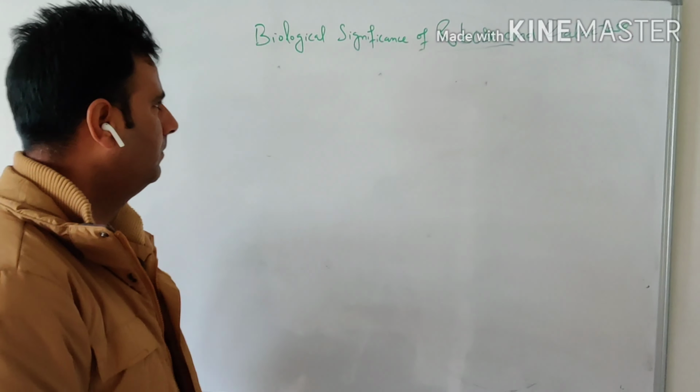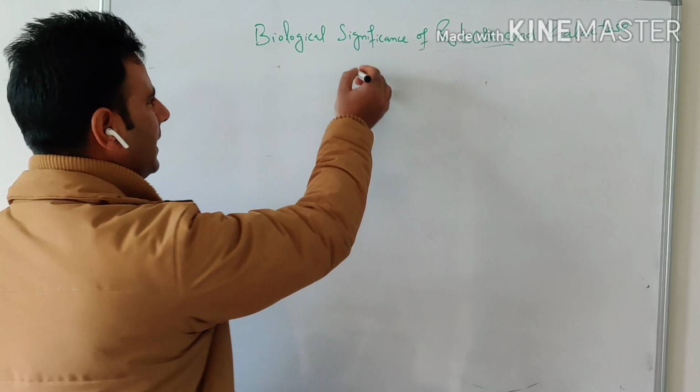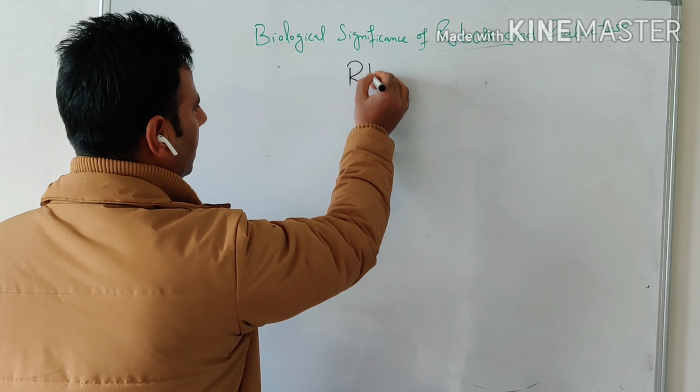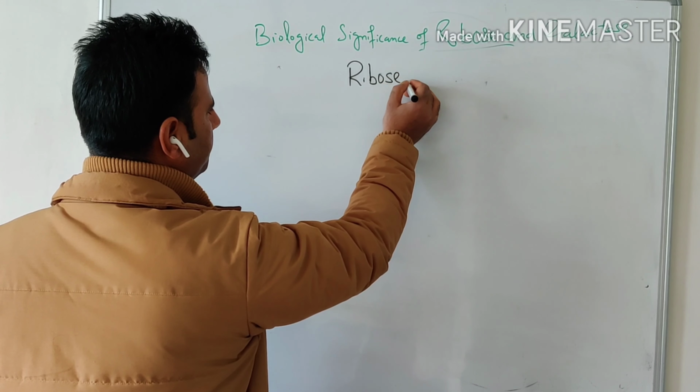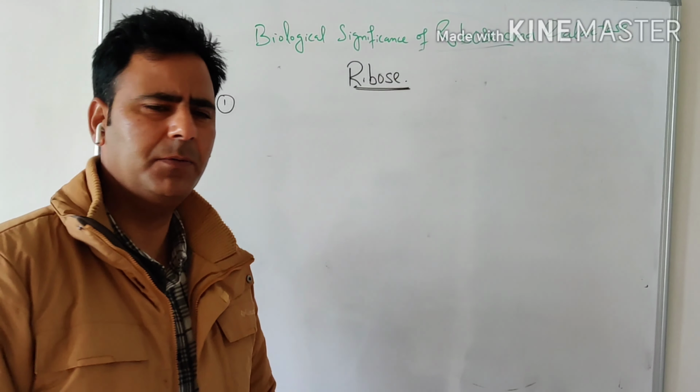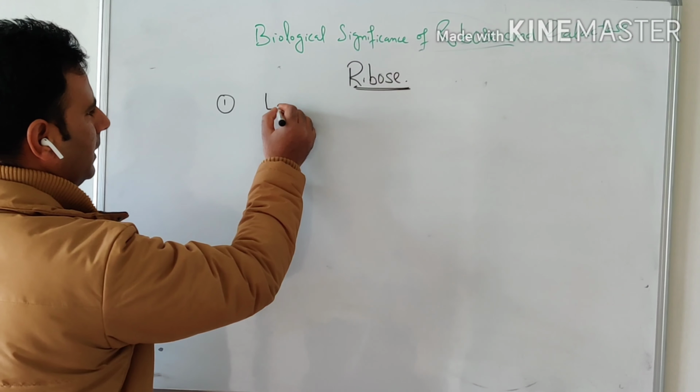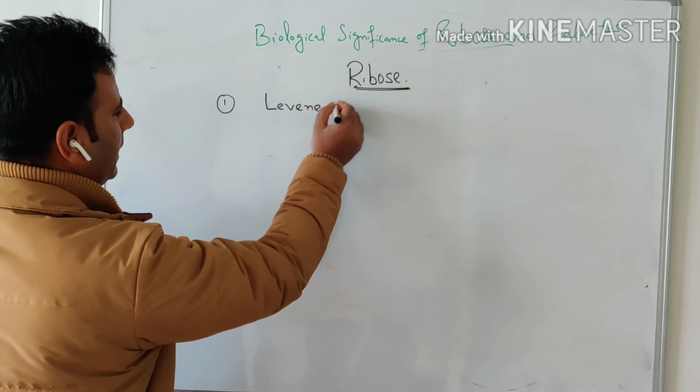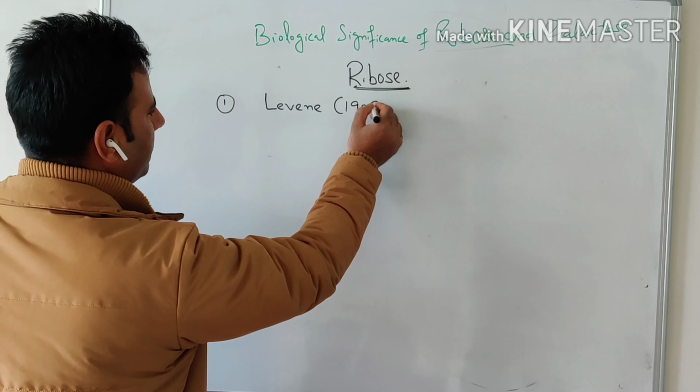First of all, let's see the significance of ribose, let's take ribose first. Ribose was discovered by Levine in the year 1909.